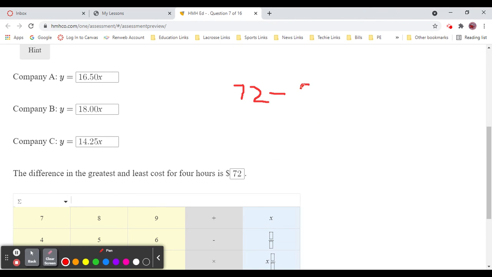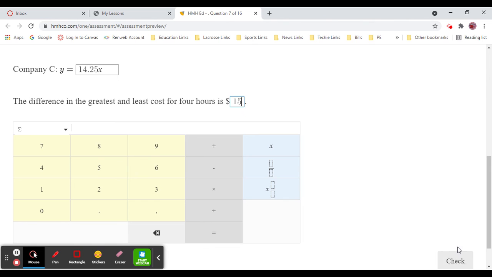So I need to subtract these two. 72 minus 57 will give me my answer. 72 minus 57, 15. So we go here, and we go 15, and we get our answer. And we're done. And that's how the review looks. I hope this was helpful.